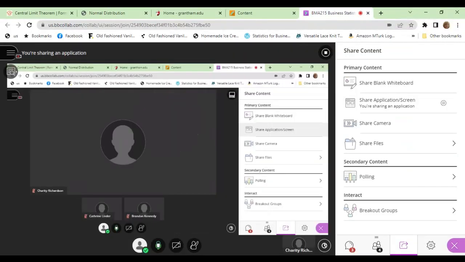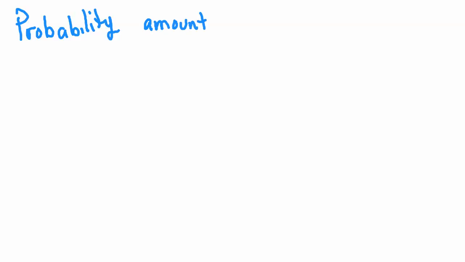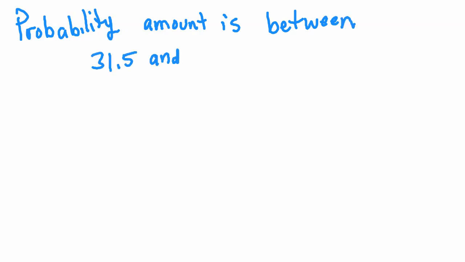All right, let's try one more. Same problem. Probability the amount is between 31.5 and 32.5 ounces.